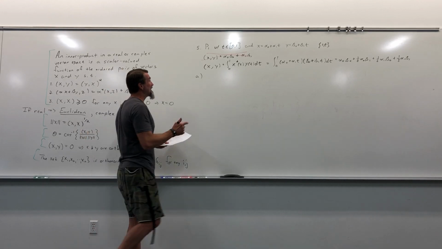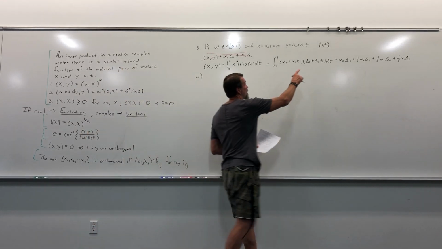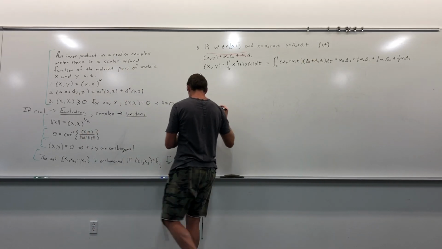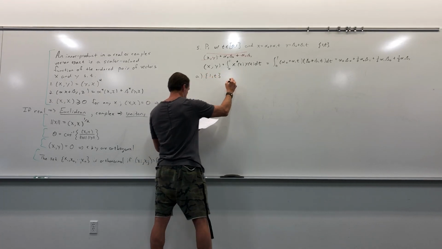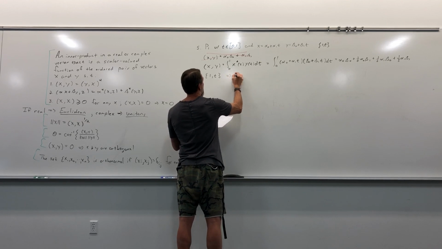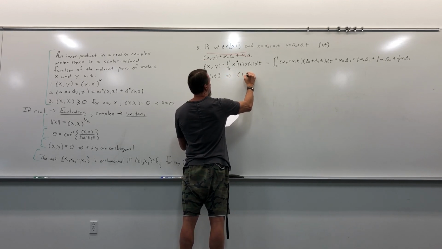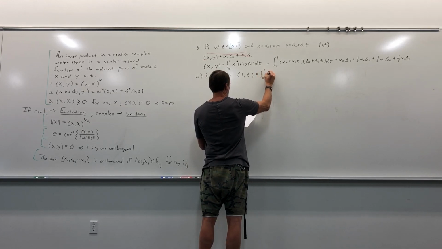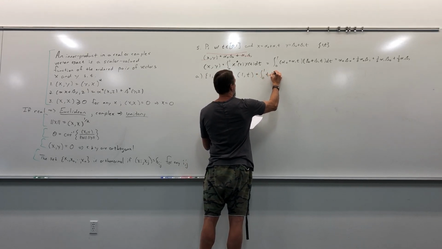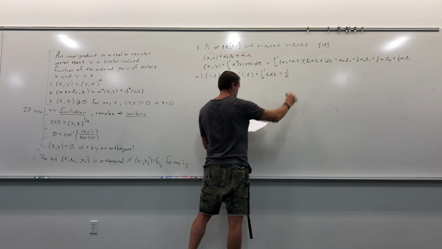In the 1t basis, so if we're working with this basis, notice that the inner product of the two basis vectors is the integral from 0 to 1 of t dt, which is of course 1/2.